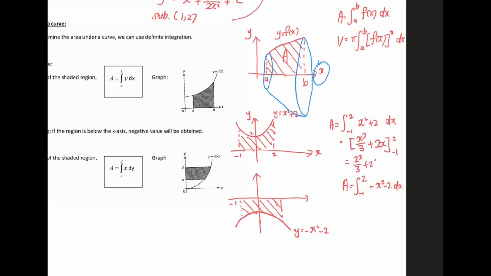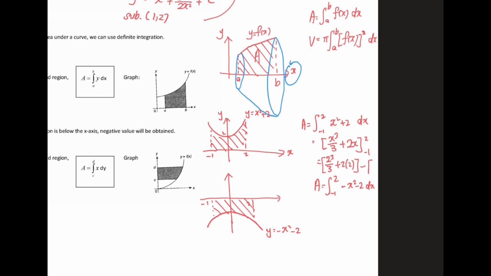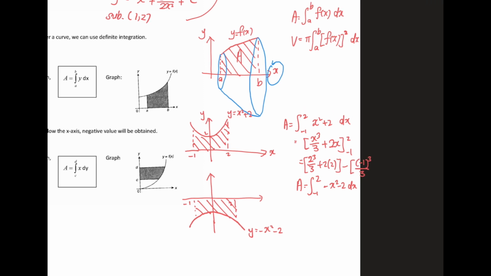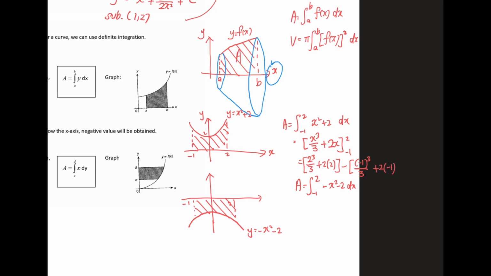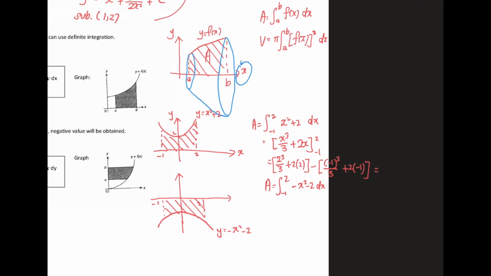Now I substitute 2 into the x's: 2 cubed over 3 plus 2(2), minus, substitute -1: (-1) cubed over 3 plus 2(-1). Equal to, of course we count this, 8 over 3 plus 4 minus (-1/3 minus 2). I get 9, so the area is 9 units squared.